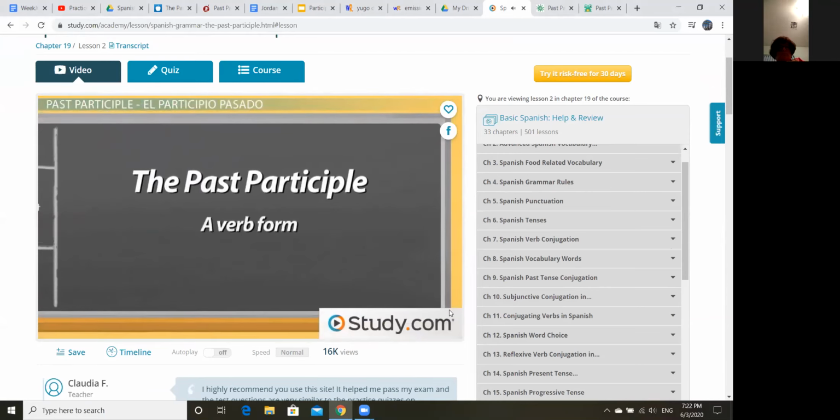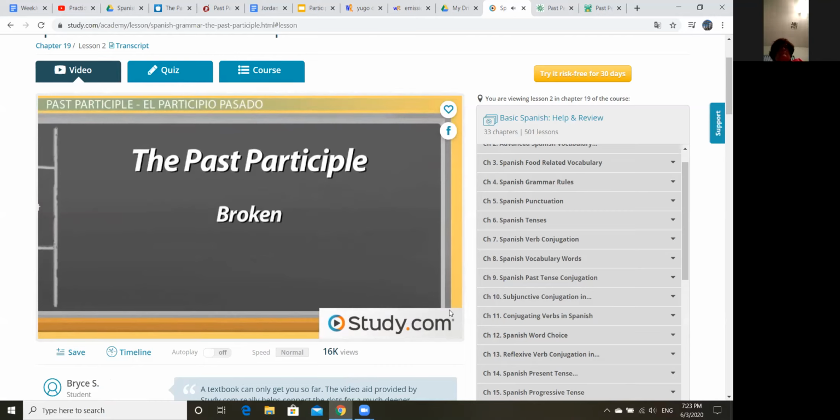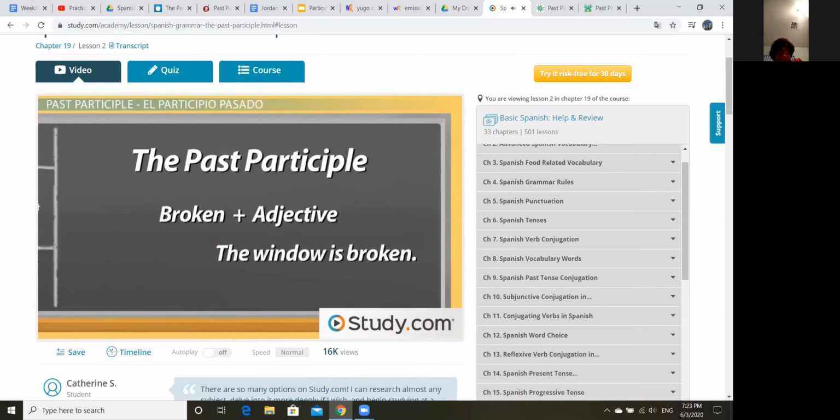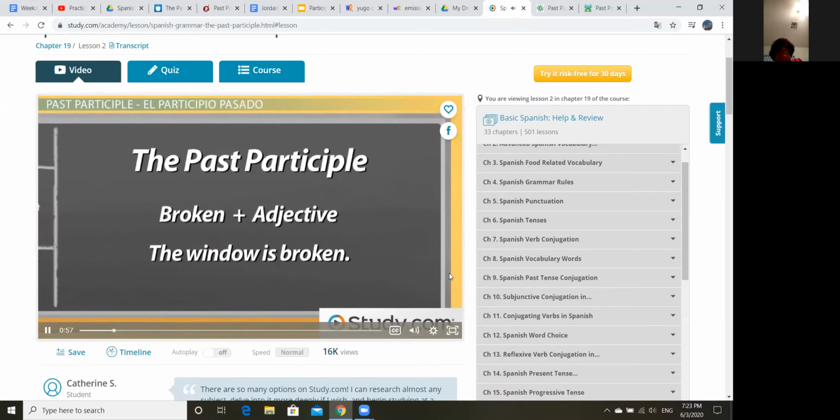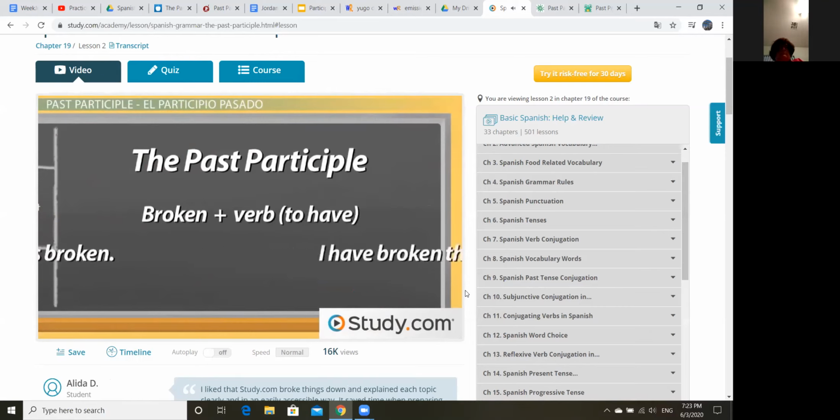However, unlike the verb tenses you have learned so far, the present, the preterite, and the imperfect, it cannot be used by itself to tell who did something or when they did it. Let's take the past participle broken as an example. You cannot say, I broken the window. However, you can use broken as an adjective and say, the window is broken.